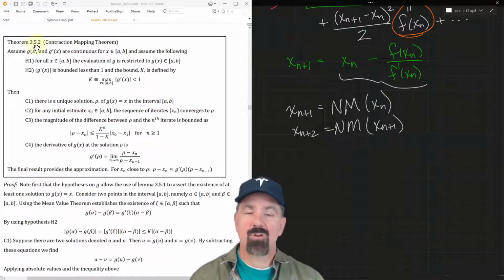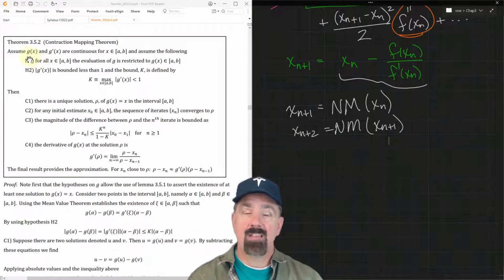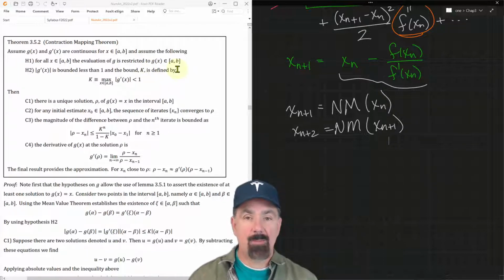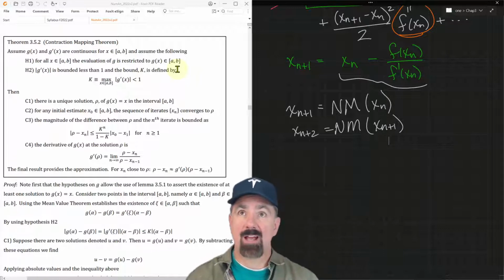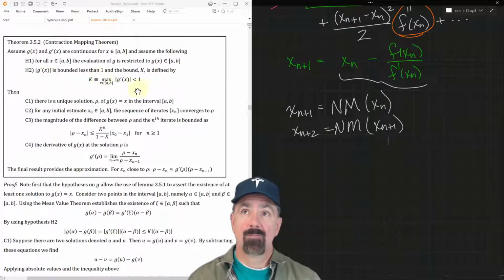So the contraction mapping theorem says that if we have a function and its derivative are continuous on some interval, and we have these two hypotheses, that the output values of the function are restricted to the same interval that the input values are coming from, and the rate of change of the function is less than 1, and we have some maximum value, that's what the k is, it's just the maximum rate of change of the function in the interval a to b, then we have a whole series of items here that are true.